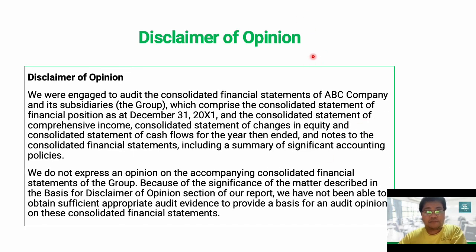So here's an example of a disclaimer of opinion. In the first paragraph, there is a change. Instead of mentioning we have audited the client, we will only mention we were engaged to audit the client. That's one change already. Okay? And then in the second paragraph, we will mention that we do not express our opinion.